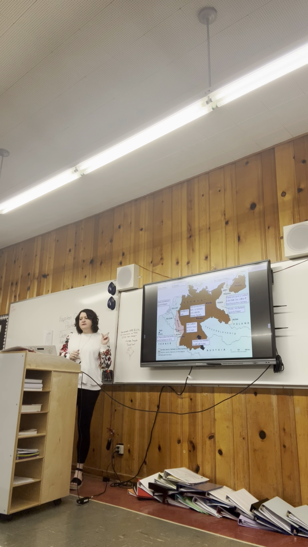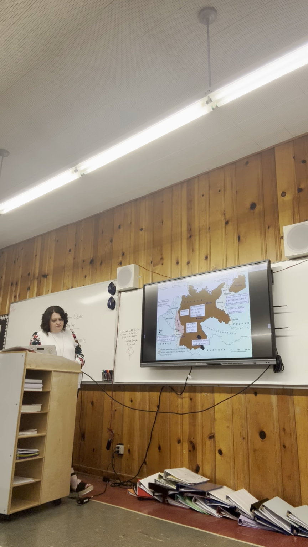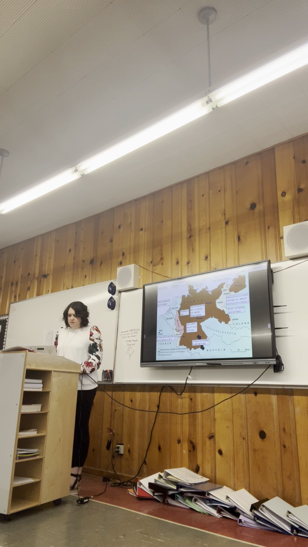All right, so here is a map of Germany after the war. You can see where some areas were kind of cut down. They took away some areas and gave them to other nations. Germany was forbidden to unite with Austria. The coal fields were given to France for 15 years.